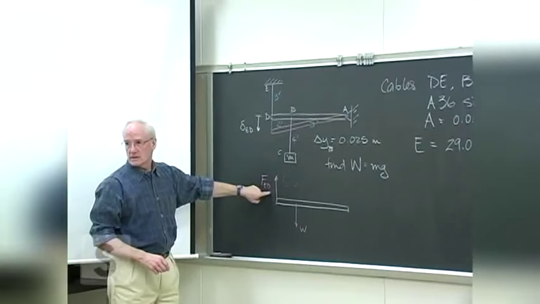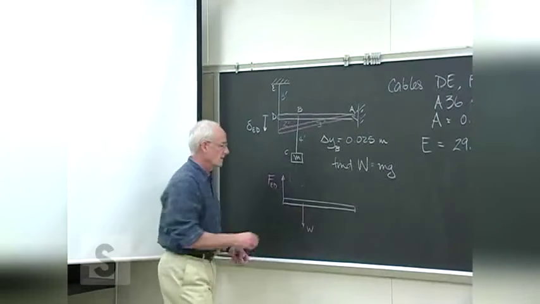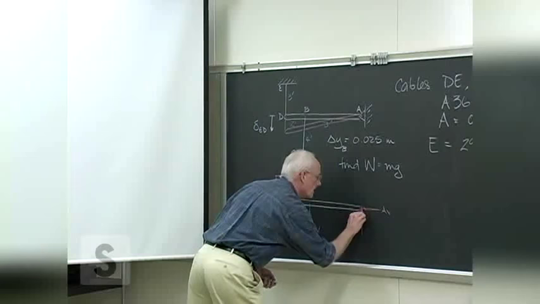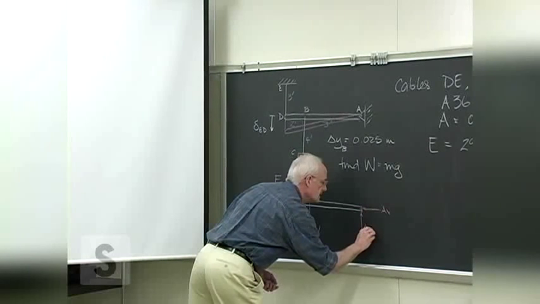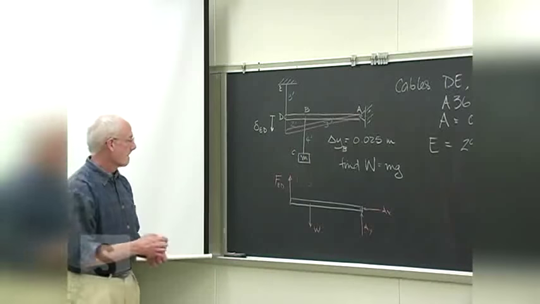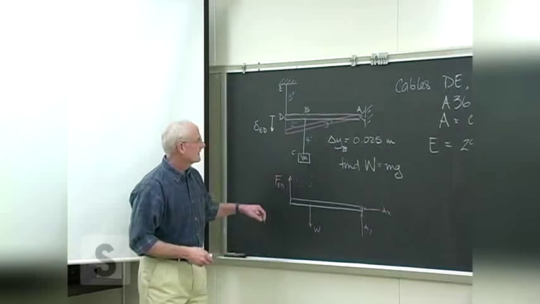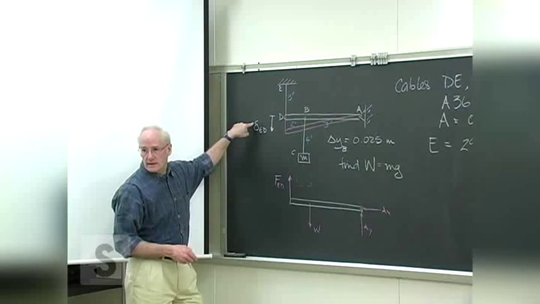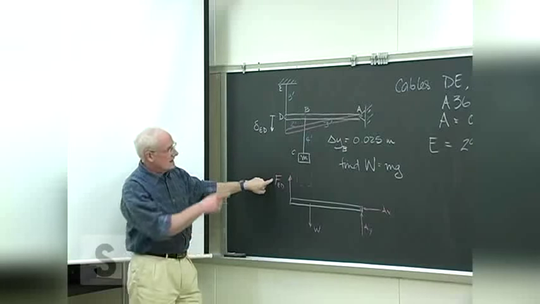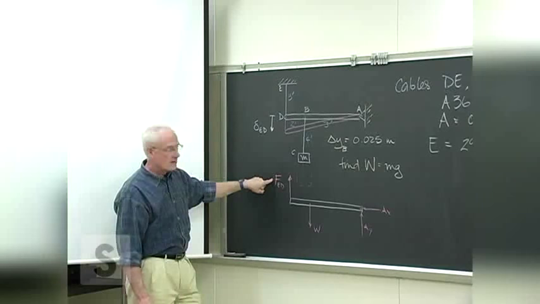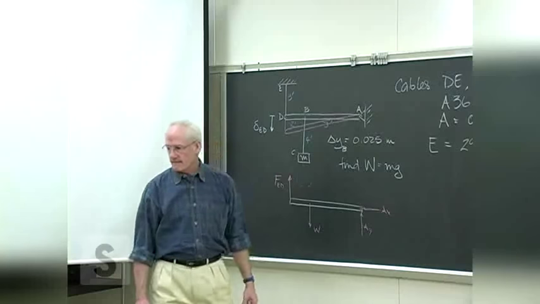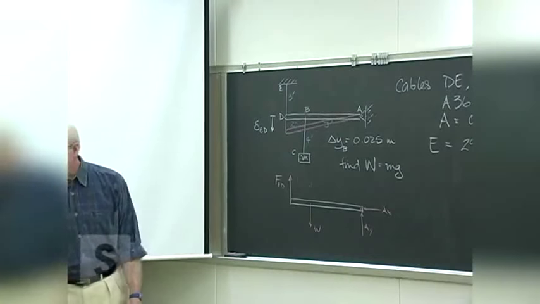Once you have that force, you can find W by a moment balance on the piece itself. So use the geometry to find how much the cable ED stretches. Use that and the material properties to find the force that's doing that. Then that force should give you the weight by a moment balance on the structural member itself.